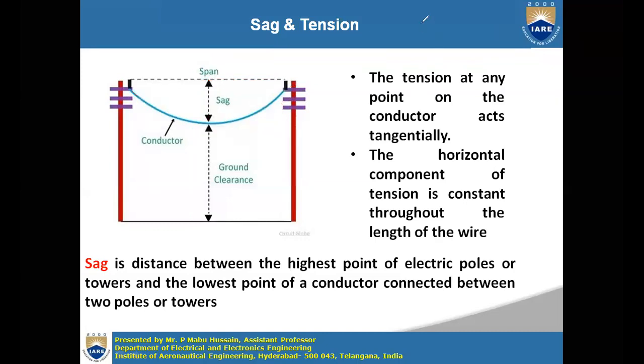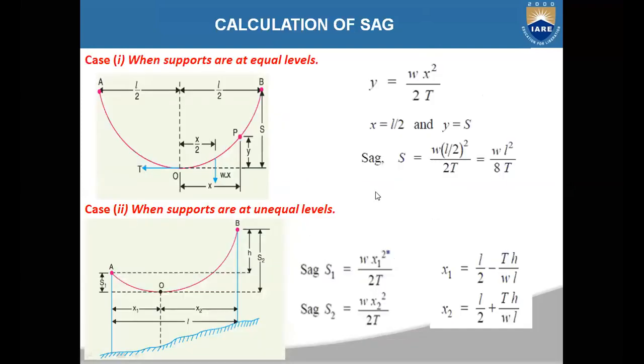Now we also discussed the sag calculation with level supports and unequal supports. When the supports are at equal levels, that means supports A and B are at the same level, then the center of the conductor will be at the midpoint of the span.